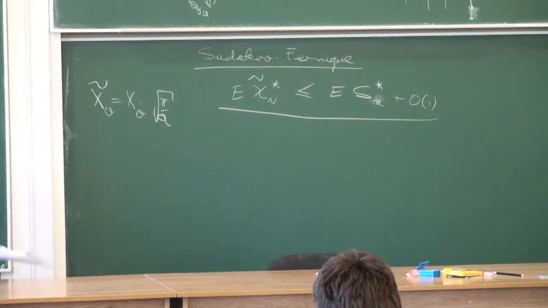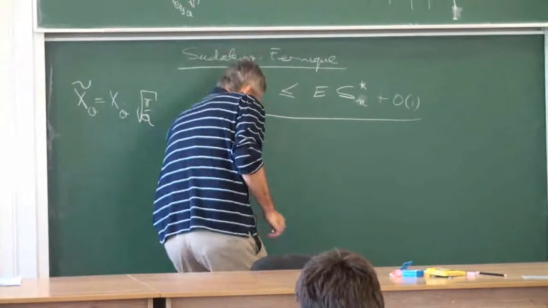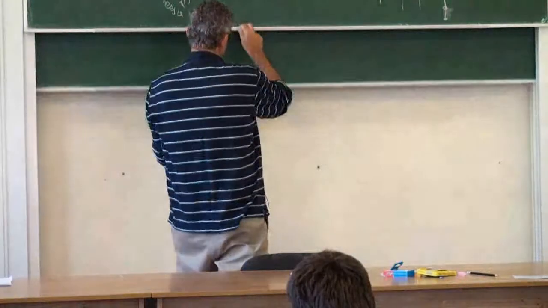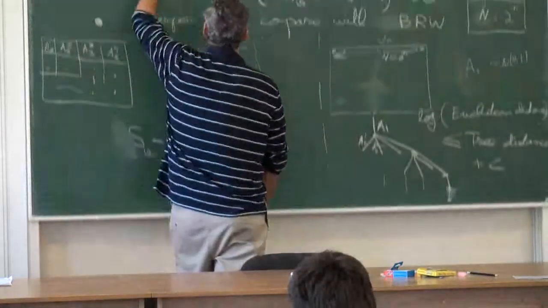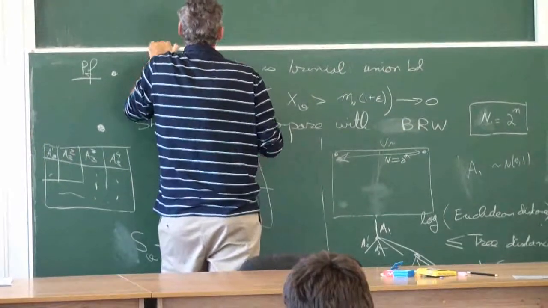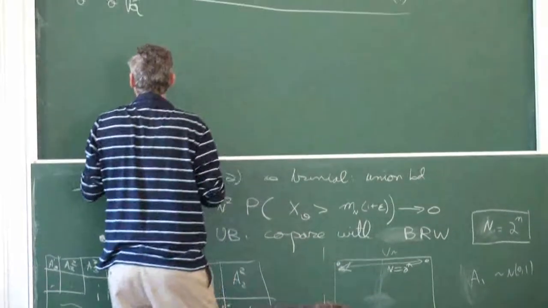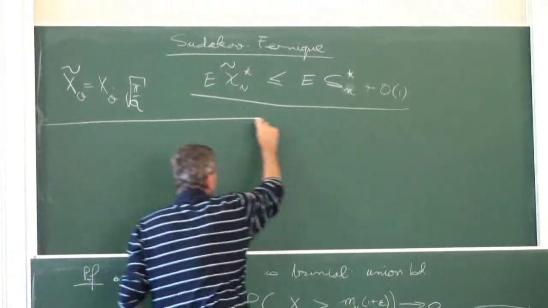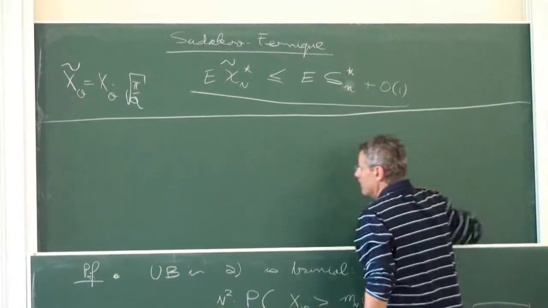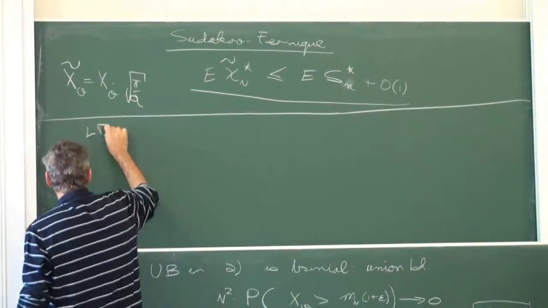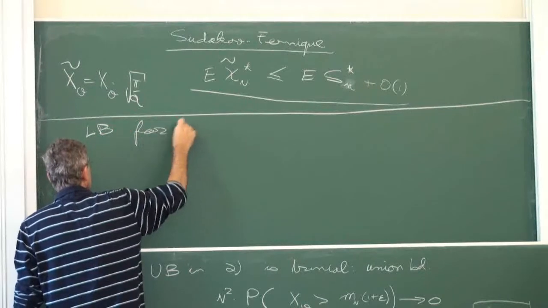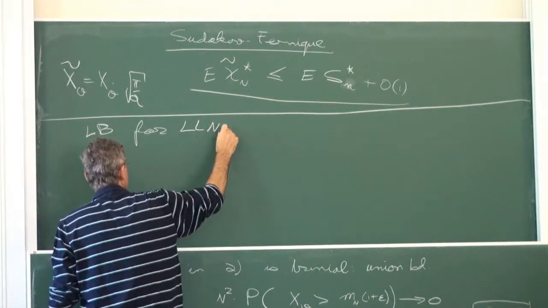Okay. How do you do the lower bound for the law of large numbers?